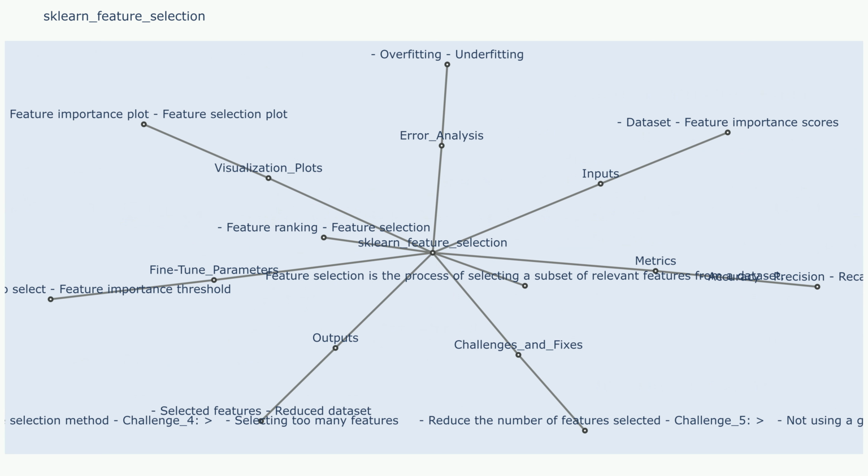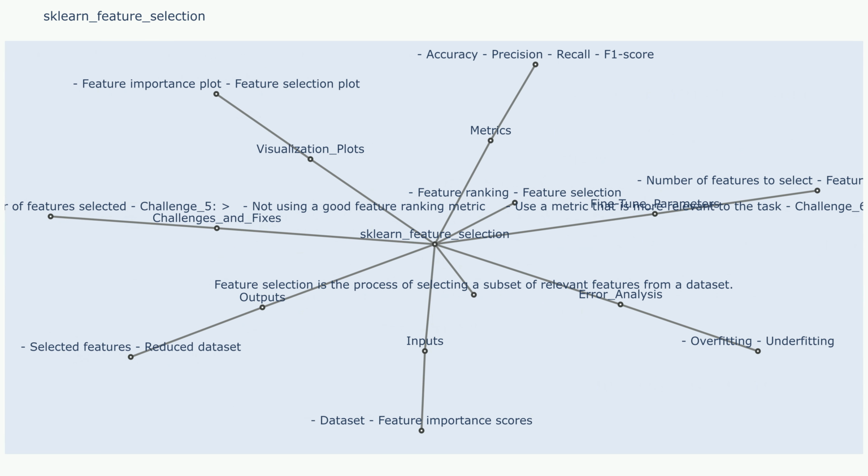This can be a list of feature names or indices. Model: optionally, the selected features can be used to train a machine learning model, which can then be used for prediction or classification. Steps: feature ranking: assign a score or rank to each feature based on its relevance to the target variable.